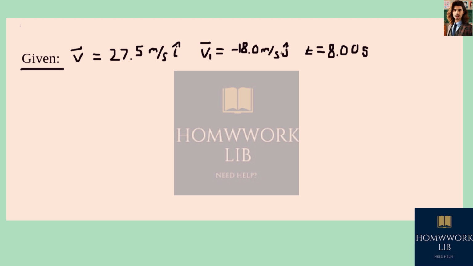South is the minus J hat direction, so that's minus 18 meters per second J hat. Then V2, the second velocity, is 27.5 meters per second due east, which I call the positive I hat direction. So 27.5 meters per second I hat. And then t is 8.00 seconds.